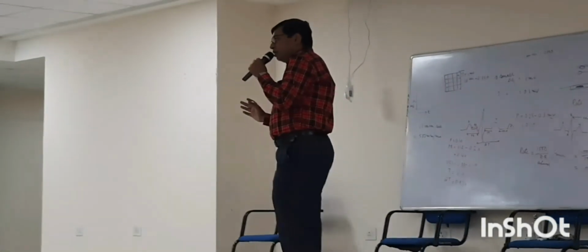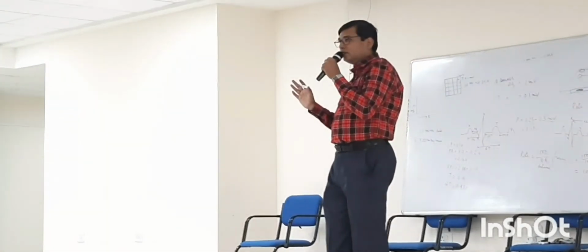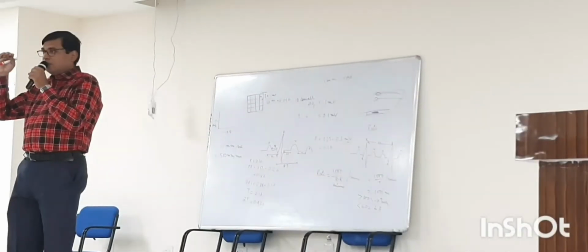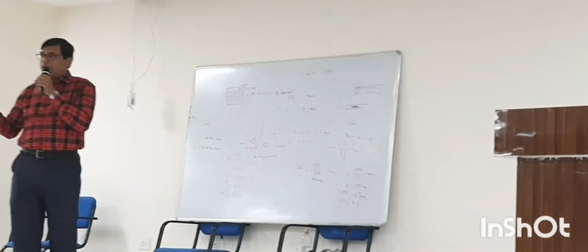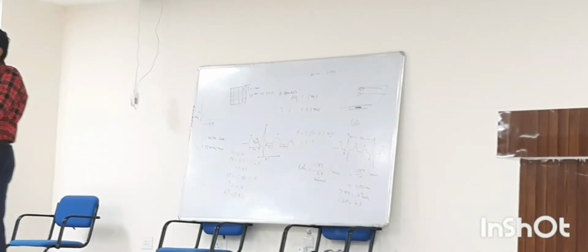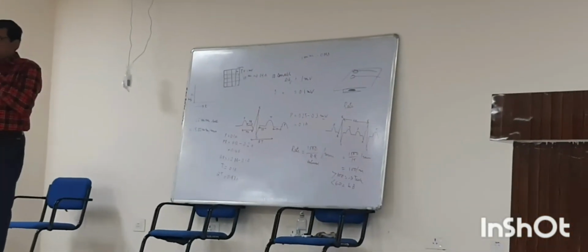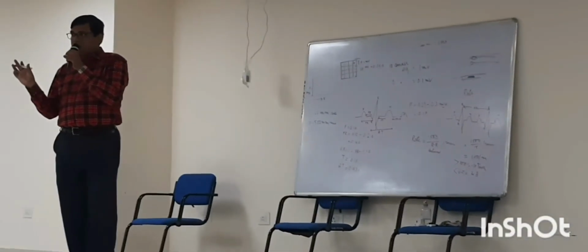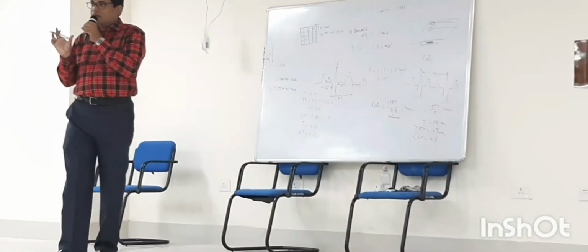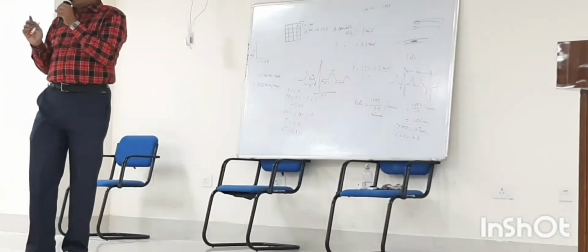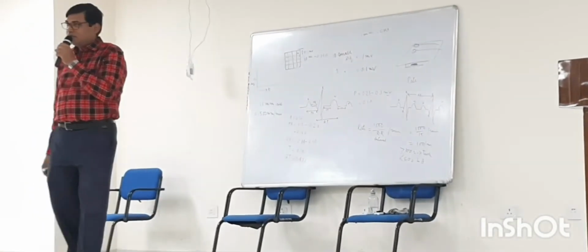If the rhythm is normal, there are no abnormal waves, but the heart rate is less than 60, it is sinus bradycardia. Sinus rhythm means during inspiration, the heart rate increases, RR interval decreases. During expiration, RR interval increases, heart rate decreases. Sinus rhythm is lost in autonomic neuropathy. Right?